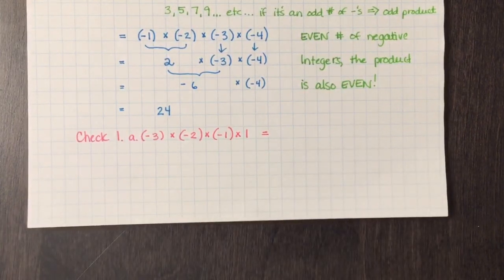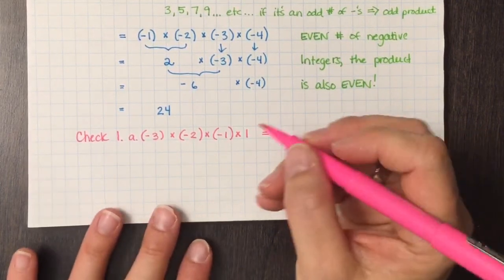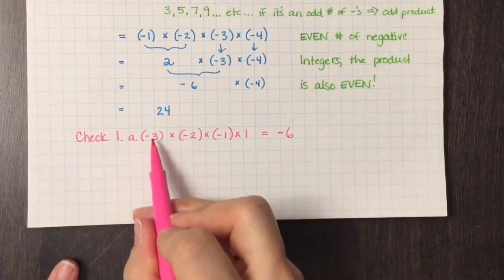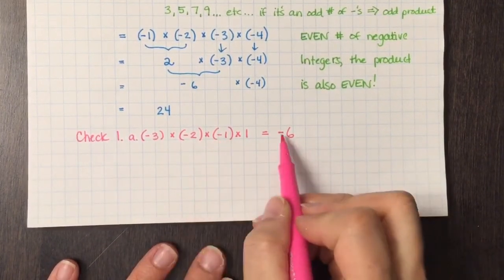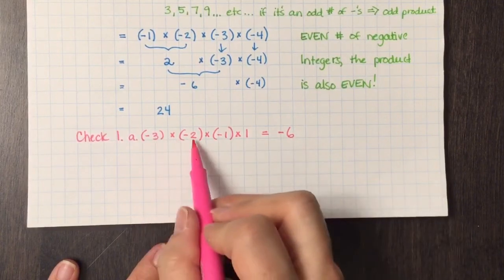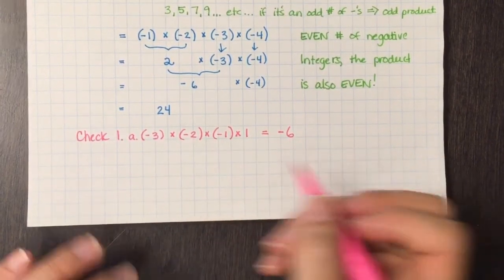Is the product going to be positive or negative? And what is the product going to be? Right on, -6. We have an odd number of negative integers, so our answer will also be negative, and then the answer is 6 because 3 times 2 times 1 times 1 is 6.